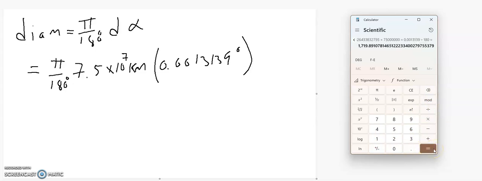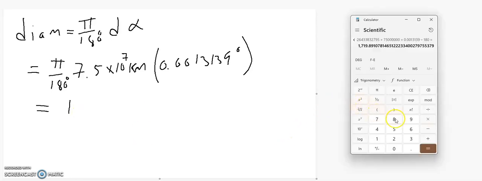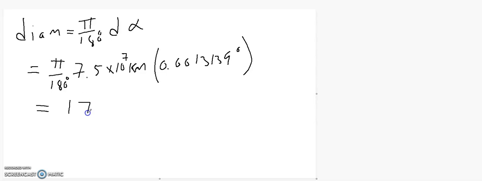And that turns out to be, we're going to round it one place past the decimal, 719.9. So 719.9 kilometers. That's the actual size of the comet.